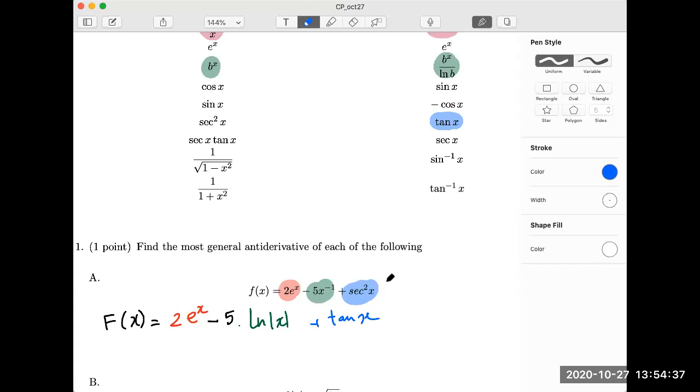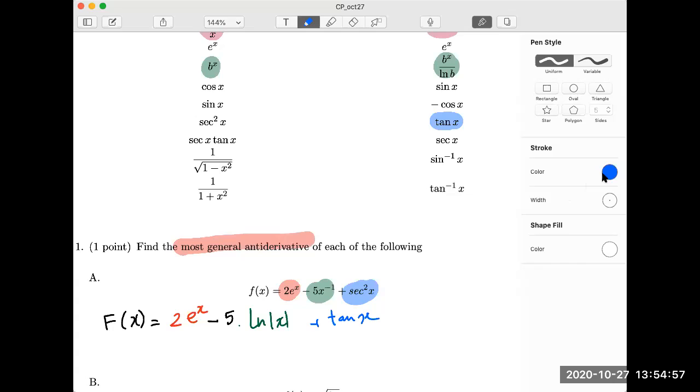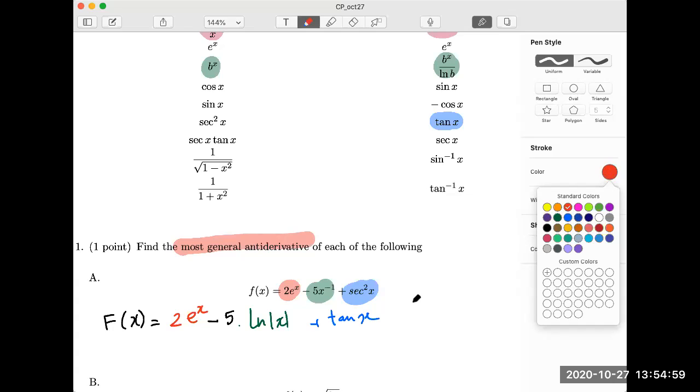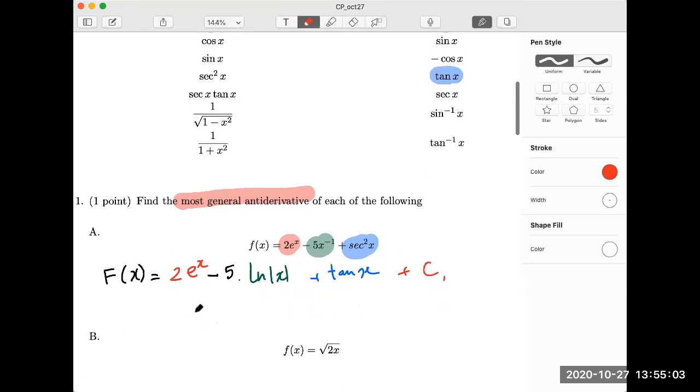So are we done? Very good. We're not done yet because this is not the most general antiderivative. The most general antiderivative, yes, we must add C, where C is a constant.